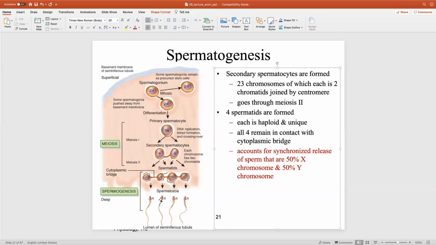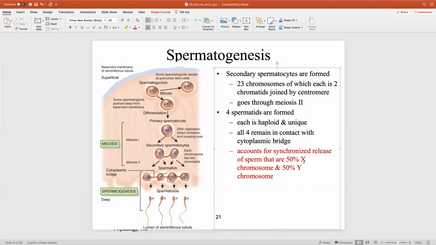The mom can only give X chromosomes. So women are XX, right? And because women are XX, you have 2 X chromosomes. If one X chromosome is bad, you can turn it off, right? Because you have 2 X chromosomes, you can only give the X chromosome to the baby.